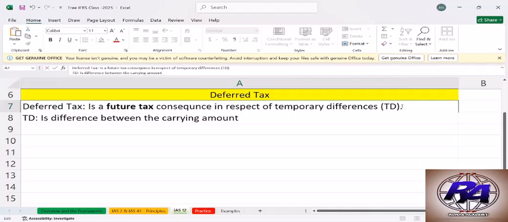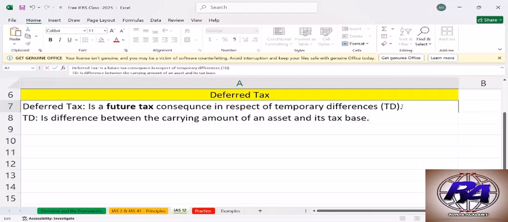You look at it under IAS 16, right? Carrying amount of an asset. I'm using assets here, but it can also be a liability. So it's the difference between the carried amount of an asset and its tax base. That difference is what we call temporary difference.